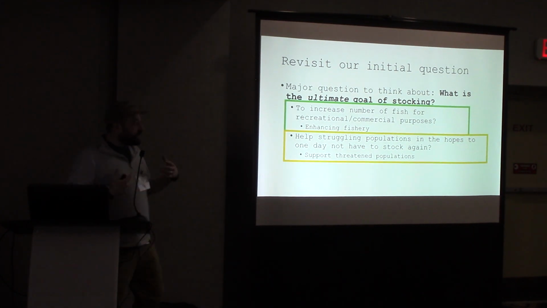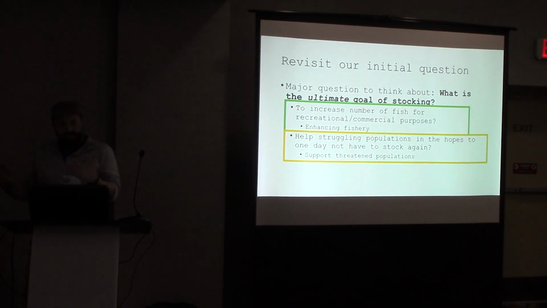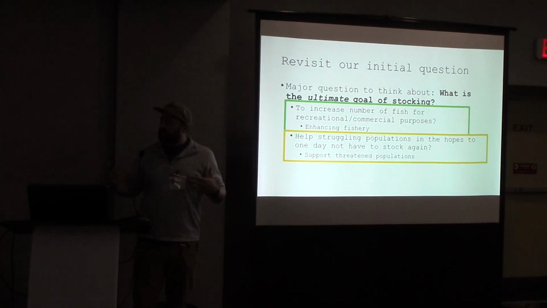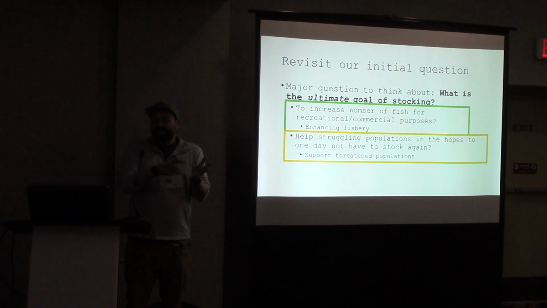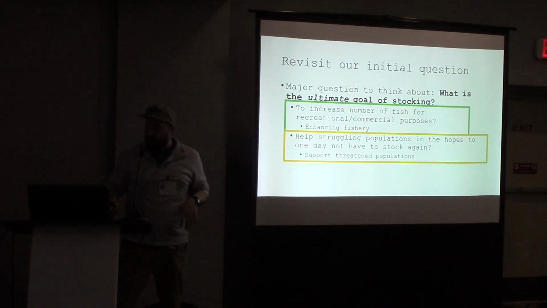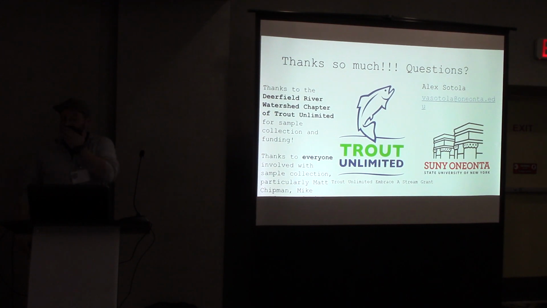But if our goal is to help struggling populations in the hopes to not one day stock again, conservation focused, I think genetics is a great tool to better understand how we're doing with that, especially because if these hatchery fish are less fit, do we even want them to reproduce with the wild fish, right? Because gene flow, alleles moving from poor fitness to what should be high fitness, right? Could be problematic. So, anyways, thank you all so much. If I have time for questions, happy to do so. I'd like to thank you.